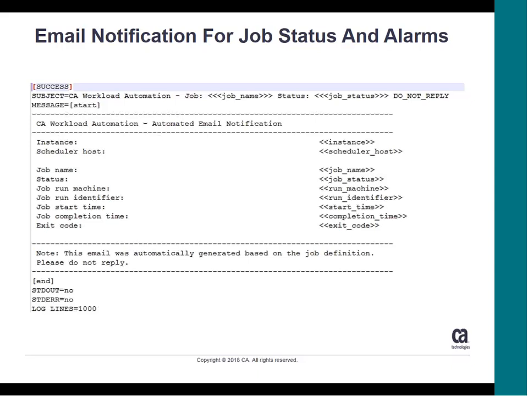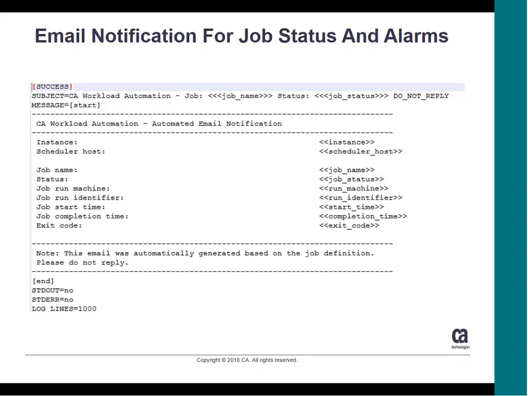Message has a start and end. Whatever is put in between the start and end will be treated as the email body and get sent. Any attribute that you may want to put will have to be put inside two less-than and two greater-than symbols.